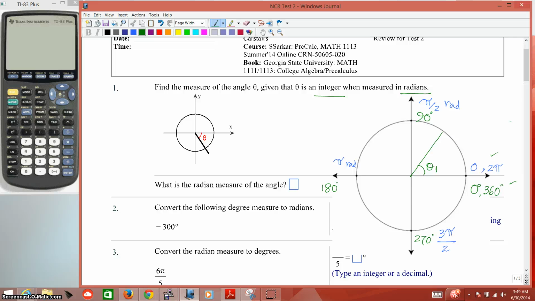But degree measure is not going to help me, so I will just look at pi by 2 radians. And if you divide the quantity pi, which is an irrational quantity, it will not going to be an integer value, right? So I know I should think in terms of real numbers.